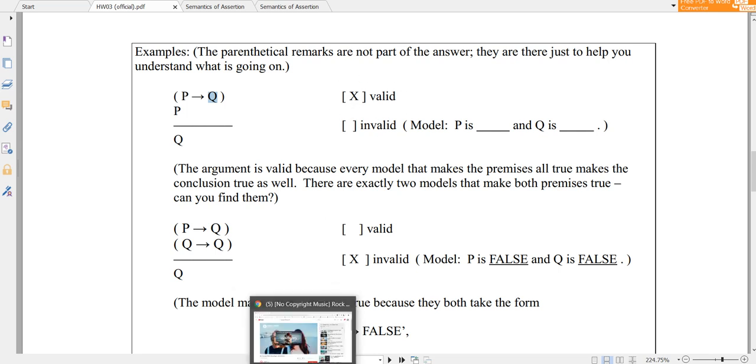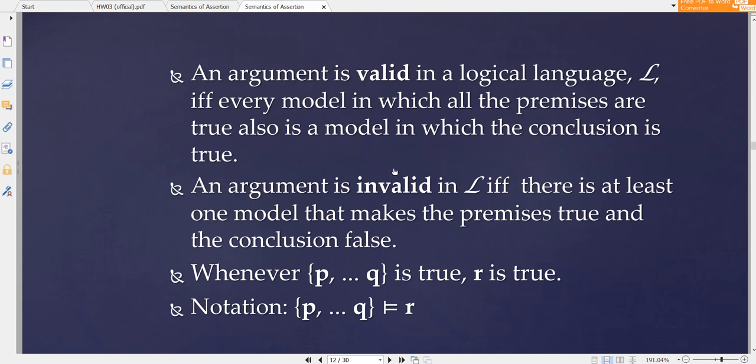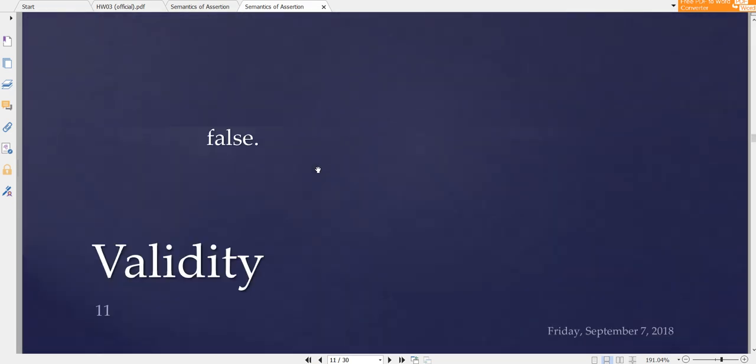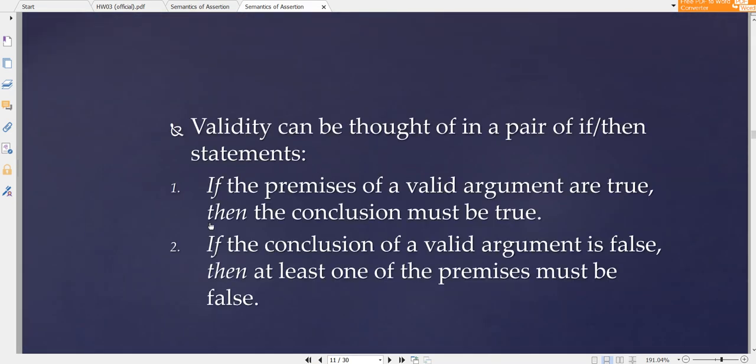Now, just revisiting one of the ways of thinking about validity: if the conclusion of a valid argument is false, then at least one of the premises must be false. And that's exactly the case in our example. Remember, validity doesn't determine the truth of the conclusion all by itself. You need true premises and validity to guarantee a true conclusion.